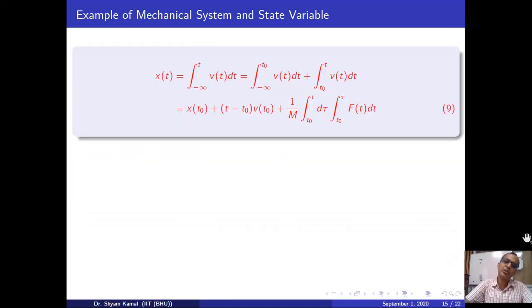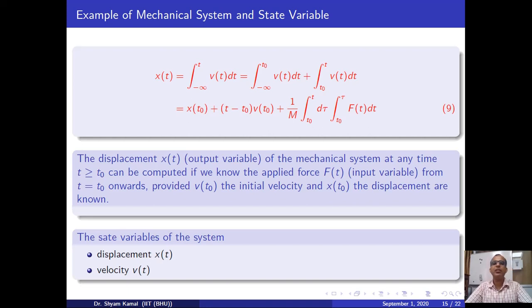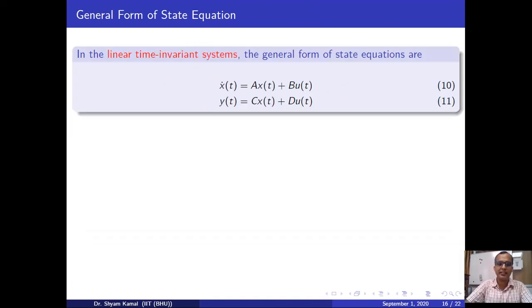And again, in order to calculate x(t), now you can put v(t), and here I know f(t), I know m. So only two quantities are remaining here, that is v(t0) and x(t0), and that is nothing but the state variables of the system. So in this way we can say that here x(t) and v(t) are the state variables.